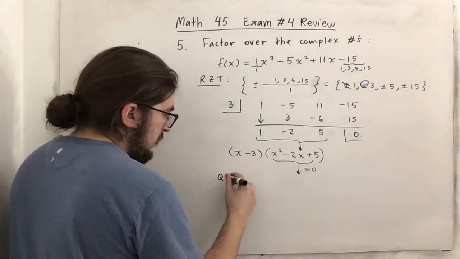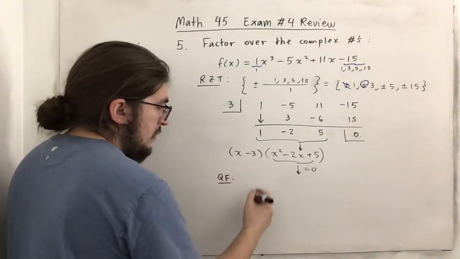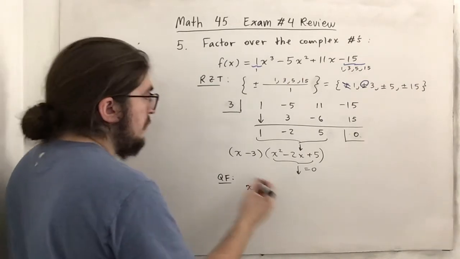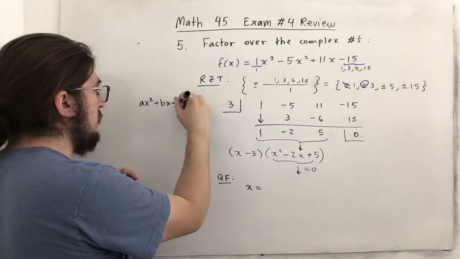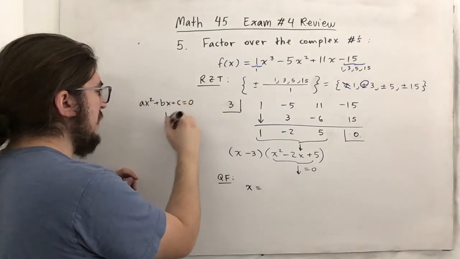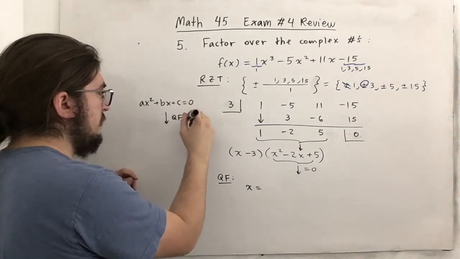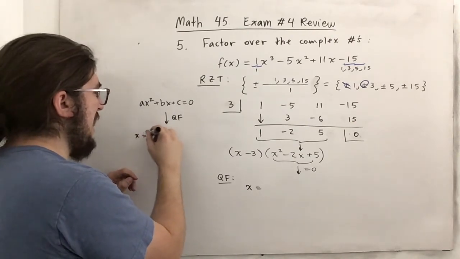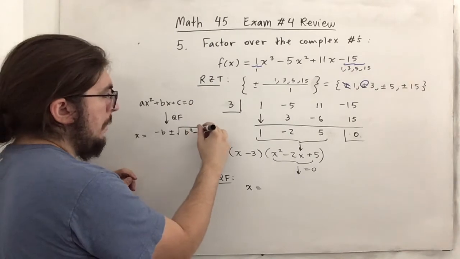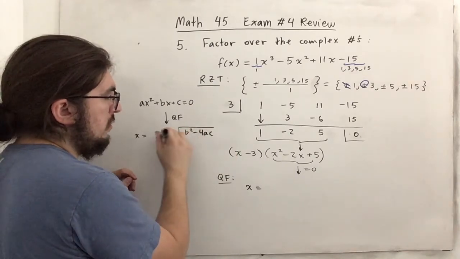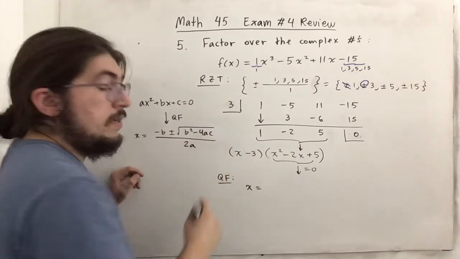So let's recall quadratic formula. X would be equal to negative b, I'll write it off to the side here. If ax squared plus bx plus c is equal to 0, then that implies, this is quadratic formula, that x is equal to negative b plus or minus the square root of b squared minus 4ac all divided by 2a. Perfect.